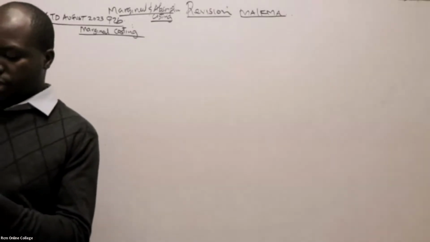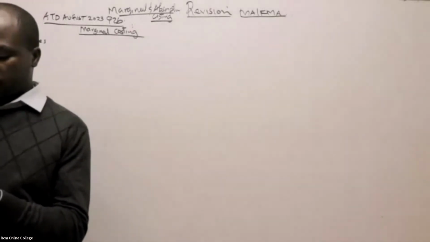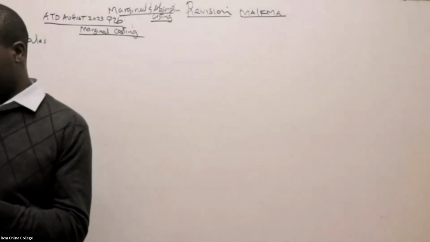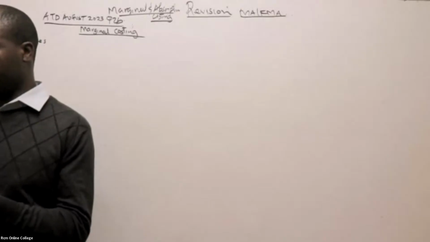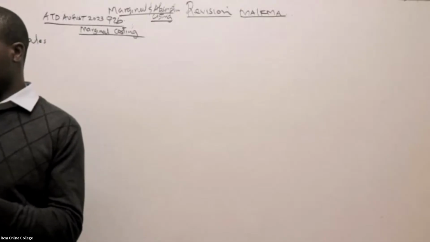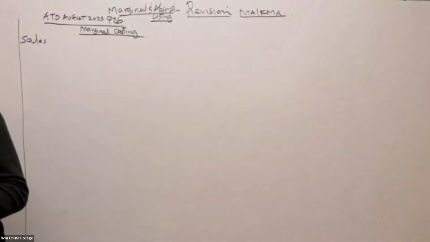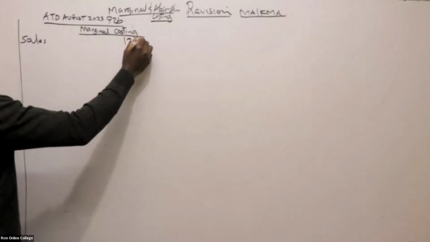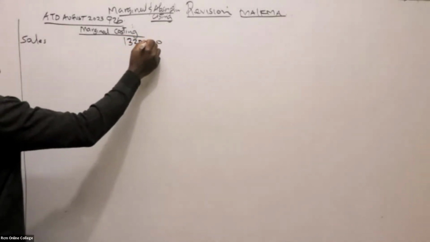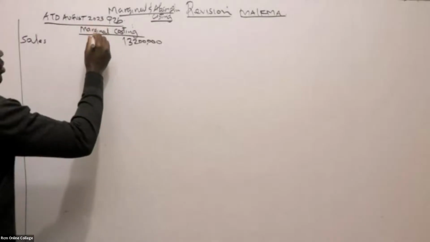The company sold 24,000 units and the selling price per unit is 550. So the selling price per unit is 550 and the quantity sold is 24,000. How much are we talking about here? Linda is giving us 13,200,000.